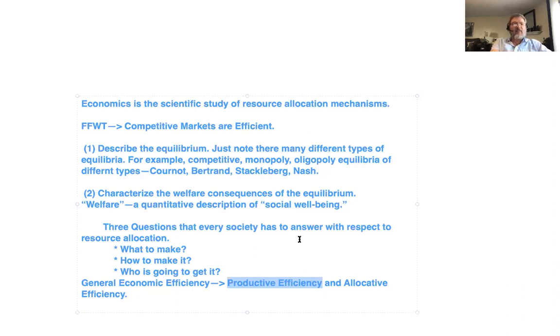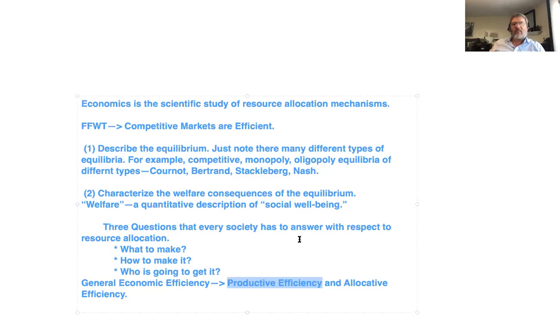And allocative efficiency is a little bit more challenging. It deals more with this issue of, is there an efficient way to distribute goods and services, at least that we can measure the efficiency? And there, what economists have come to, and what's generally accepted, is that you want to make sure the goods and services go to the members of society, whoever they may be, that value the good and service the most.